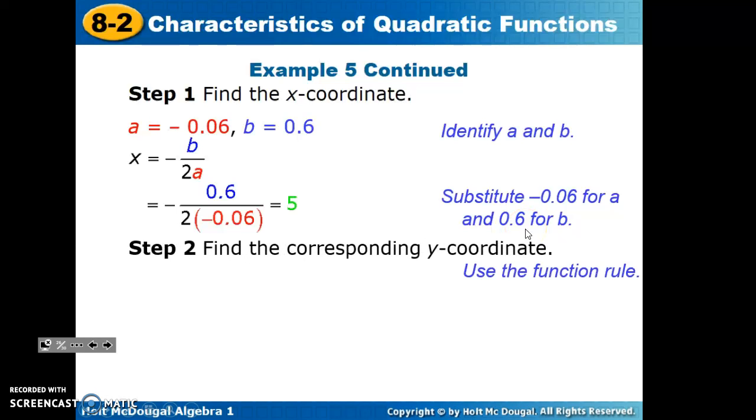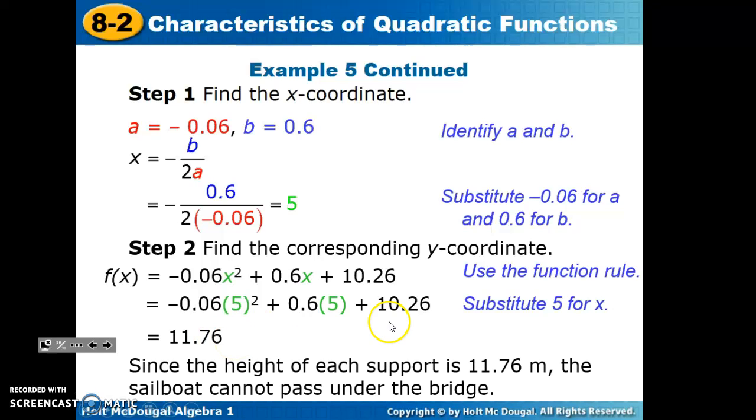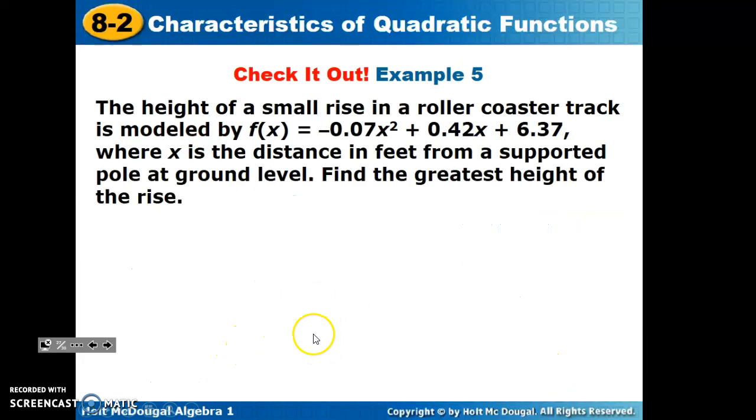Substituting that back into the original equation, negative 600 times 5 squared, we get the height 11.76. This represents the vertex of the parabola, over 5, up 11.76. Since the height of each support is 11.76 meters, the sailboat will not be able to pass under the bridge, which is good to know.